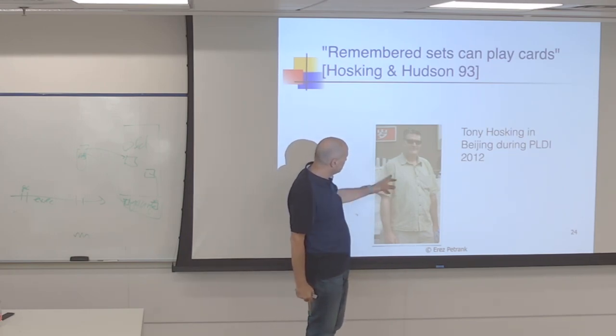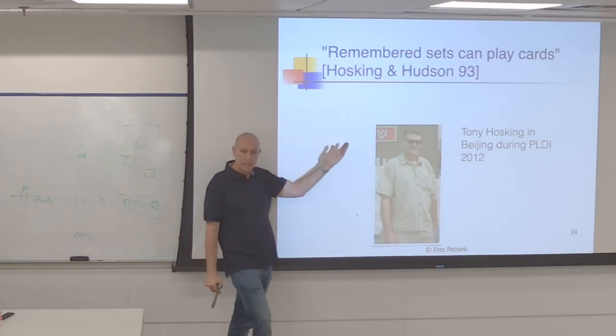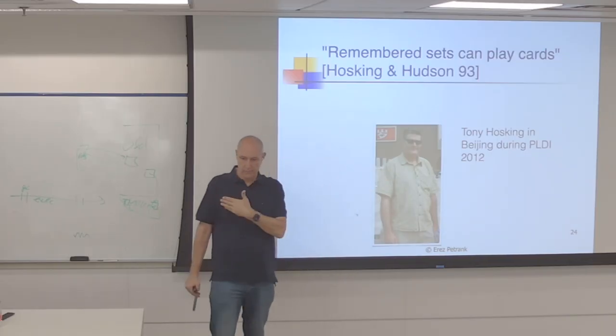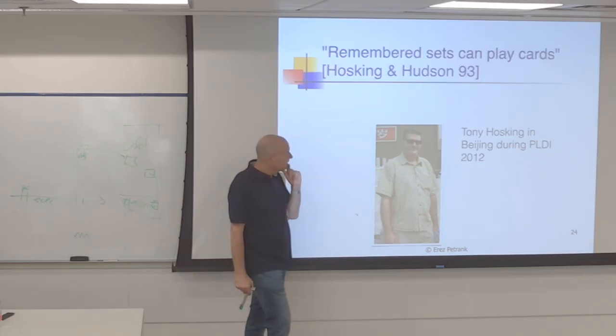So this is Tony Hosking, the PhD student. They were both guided by Elliot Moss, who is one of the authors of the book. I will talk about him later.